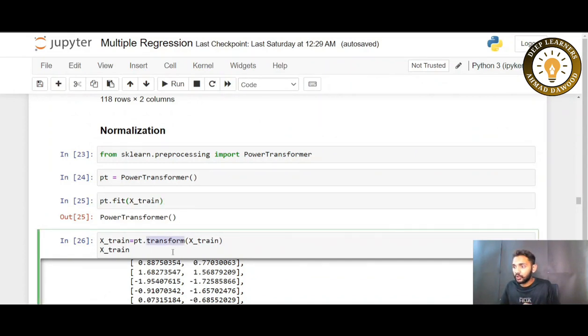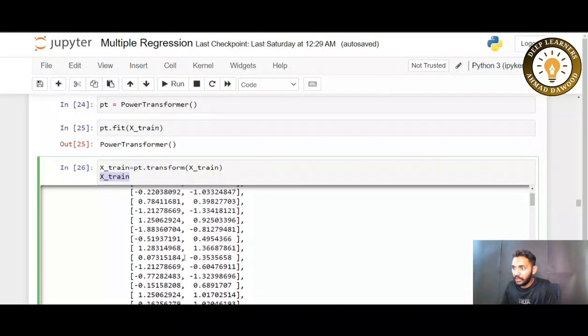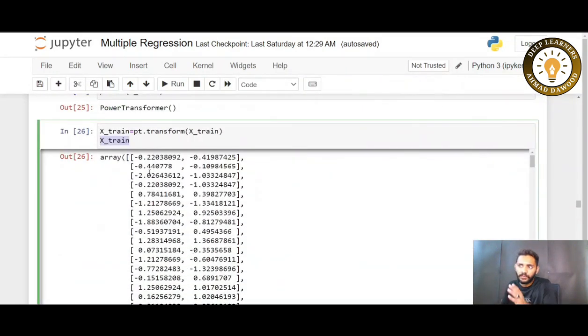So in this pt.transform, I am transforming my train independent variables and passing them back to the same variable xtrain. Here I am making a change in xtrain, transforming my xtrain variable and passing it back to xtrain. Now I have transformed independent variables in my training data set.